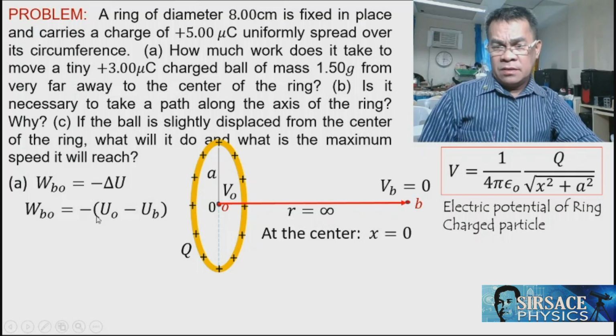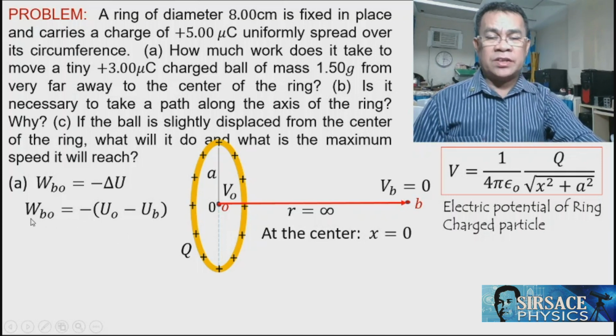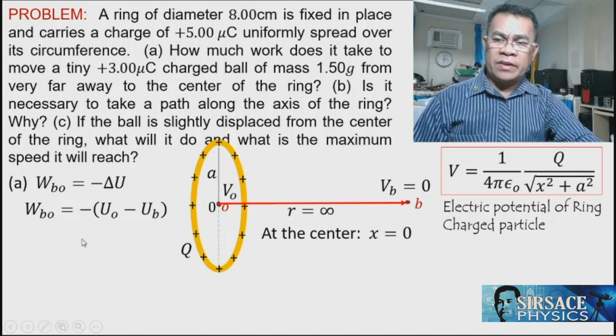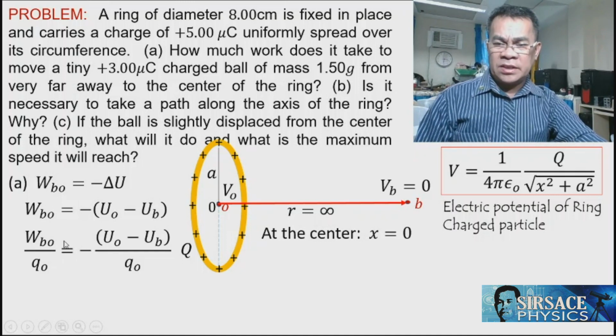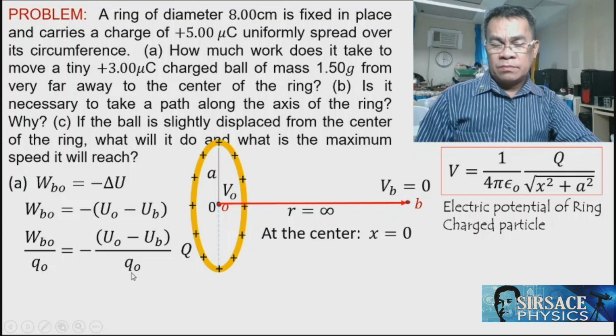Now, if I divide both sides by the moving charge, this becomes U naught over Q naught, and this is UB over QB. Now, what is U over Q?